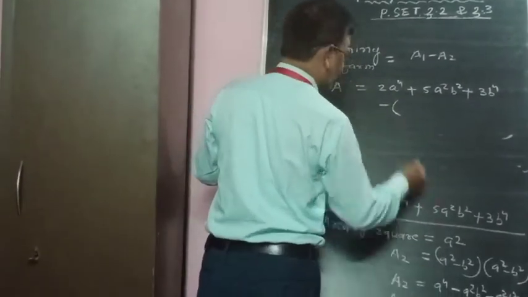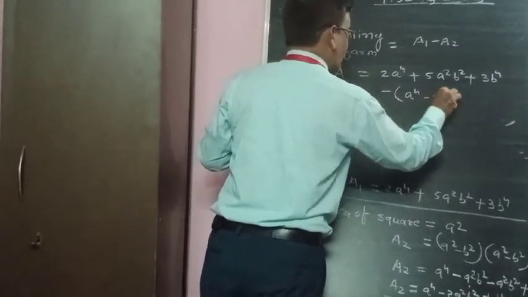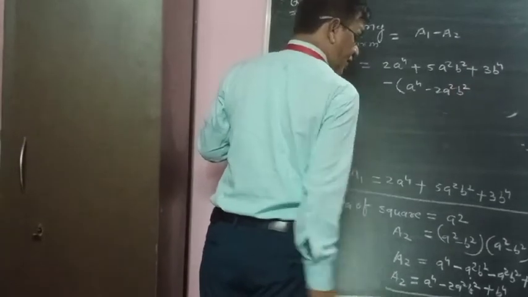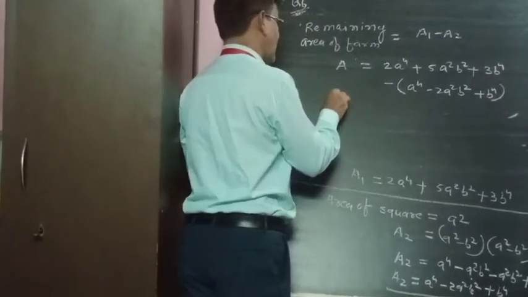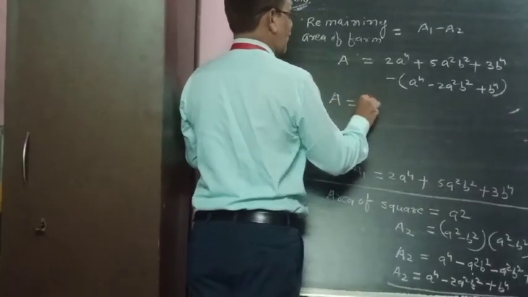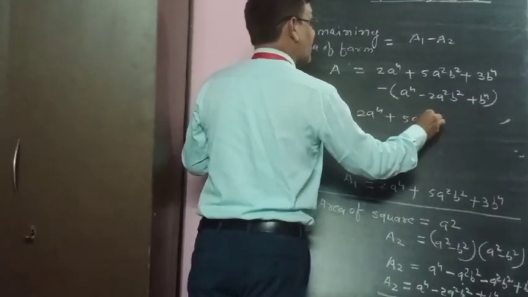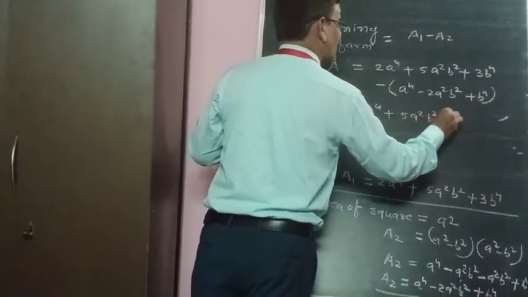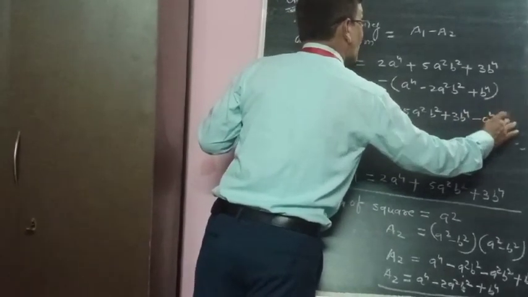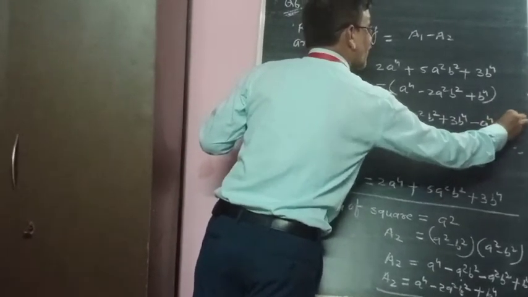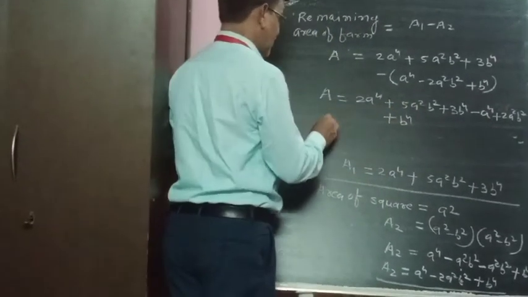A2 is a raised to 4 minus 2a square b square plus b raised to 4. So the remaining area is equal to 2a raised to 4 plus 5a square b square plus 3b raised to 4 minus a raised to 4 plus 2a square b square minus b raised to 4.